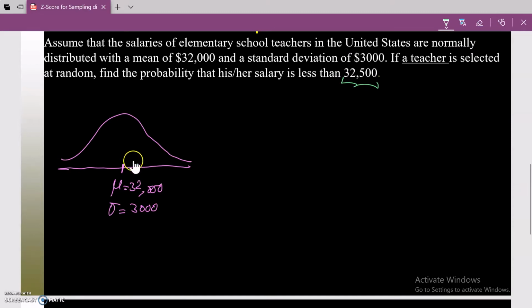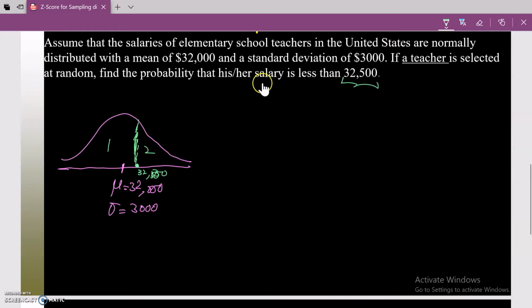Once you have located this value, you build a wall like this. This is the value 32,500. Now by drawing this wall, my graph is divided into two portions, portion 1 and portion 2. Why do I number these portions? Because I want to shade one of them, and the problem will tell me which.